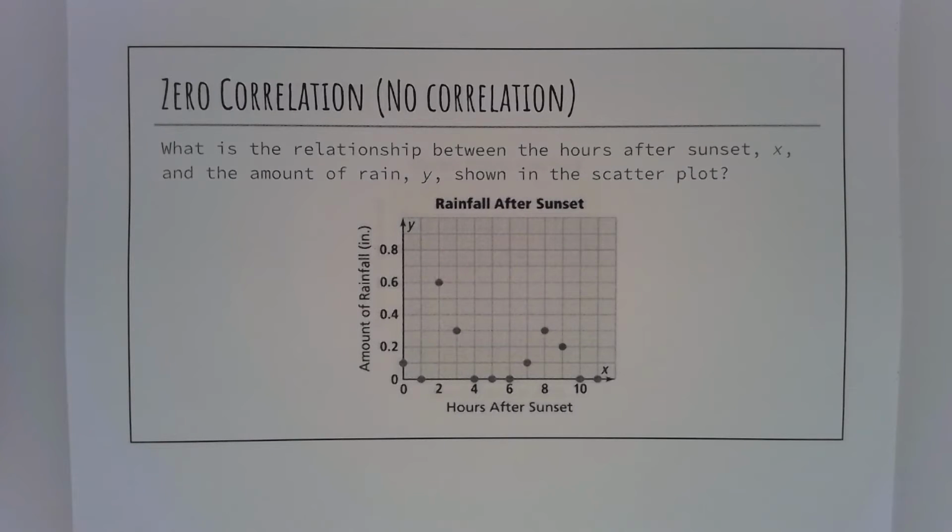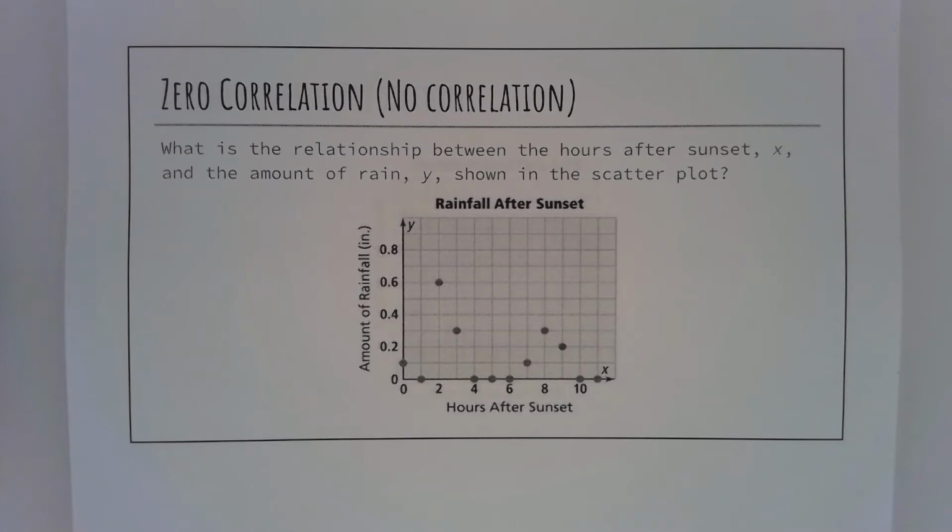Finally, let's look at what zero correlation and no correlation means. So we see here that we are looking at the relationship between the hours after sunset, X, and the amount of rain, Y, shown in the scatter plot. All right, so regardless of how many hours pass after the sun has set, the amount of rain is not affected.